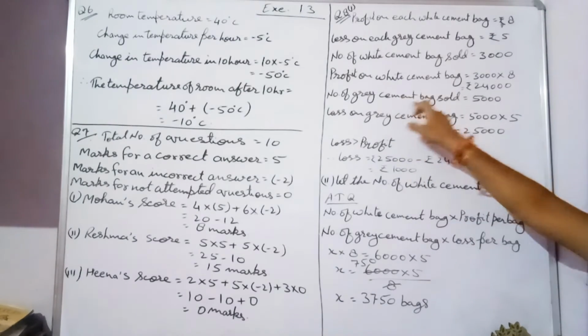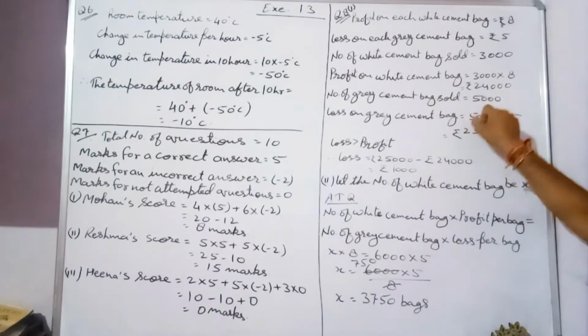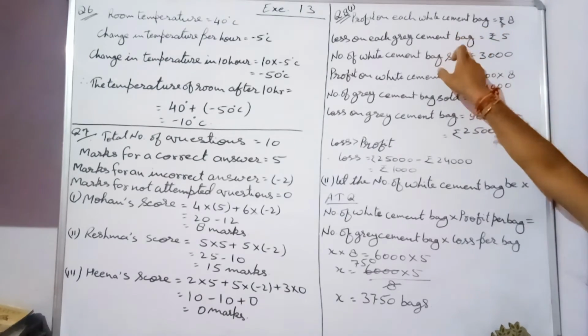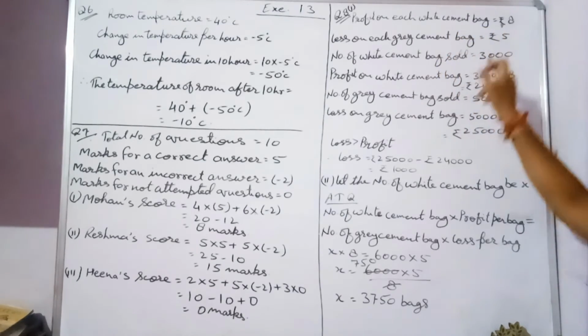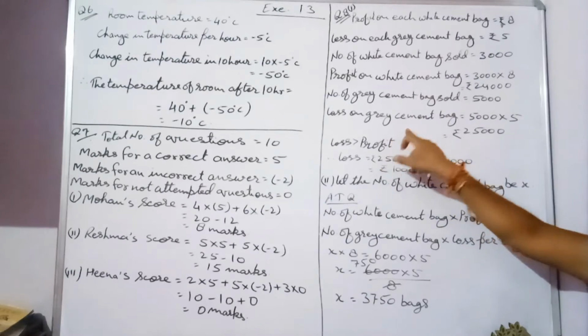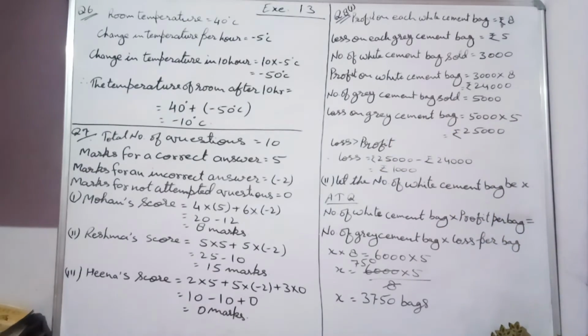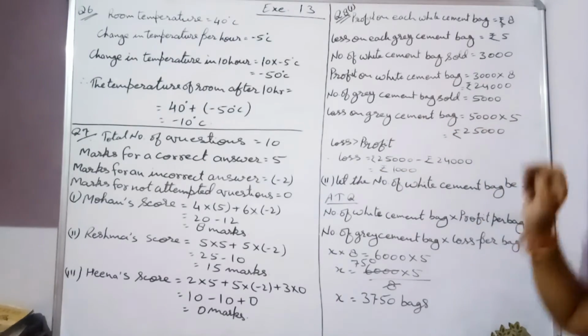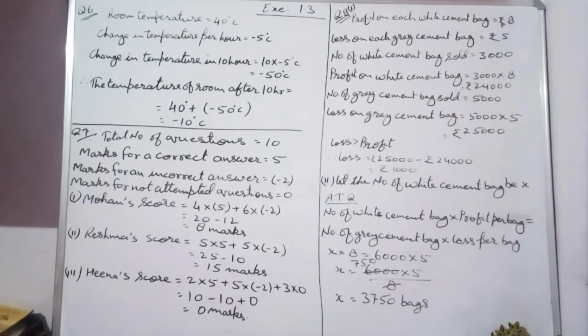So the number of grey cement bags sold equals 5000, and the loss on each grey cement bag is rupees 5. So the total loss on grey cement is 5000 into 5, which equals 25,000. Because the loss is greater than the profit, 25,000 is greater than 24,000, so therefore there is a loss. Loss equals 25,000 minus 24,000, so there is a loss of rupees 1,000.